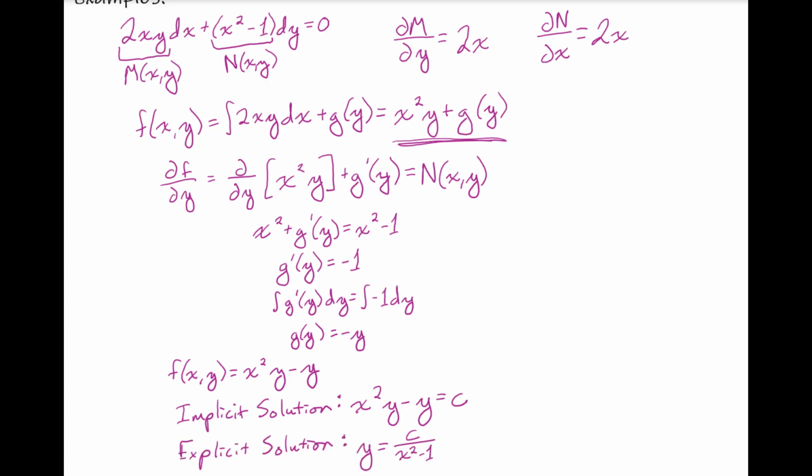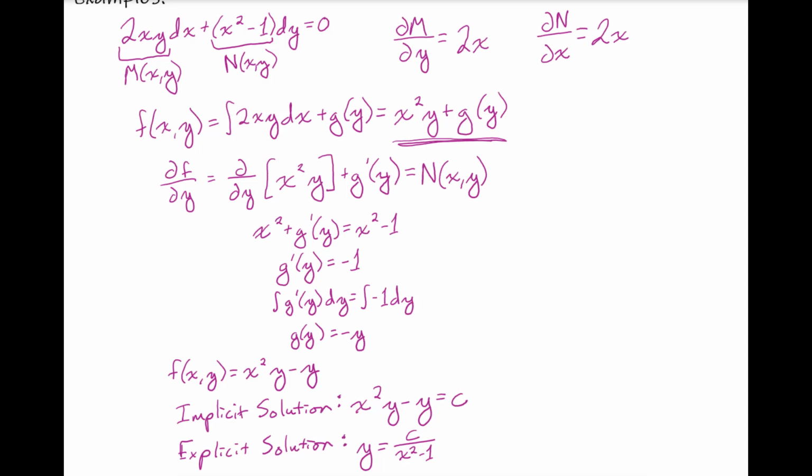And doing so gives me an explicit solution of y equals c divided by x squared minus 1. Consequently, I can see that this will be defined on any interval that doesn't contain +1 or -1. Those are the two values that would result in a 0 in my denominator, and consequently a non-existent solution.